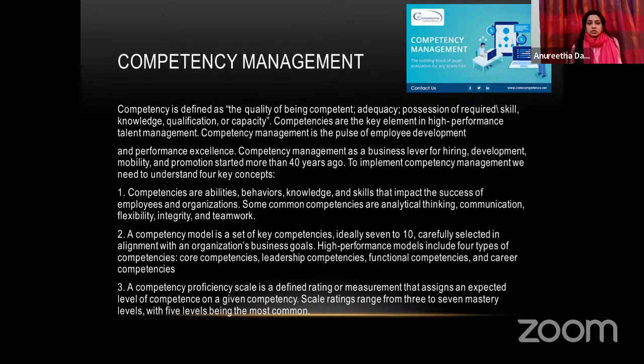Second, a competency model is a set of key competencies, ideally 7 to 10, carefully selected in alignment with organizational goals. Third, a competency proficiency scale is a defined rating or measurement that assigns an expected level of competency on a given competency scale, ranging from 3 to 7 mastery levels, with 5 levels being the most common.